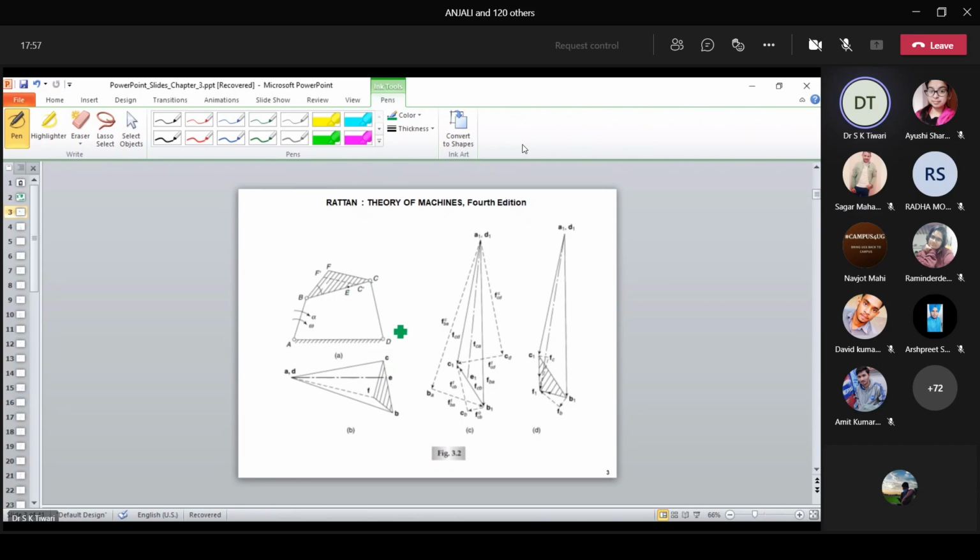Now, through this graphical approach, what is the first thing? We know that acceleration is the rate of change of velocity. It means dv by dt.